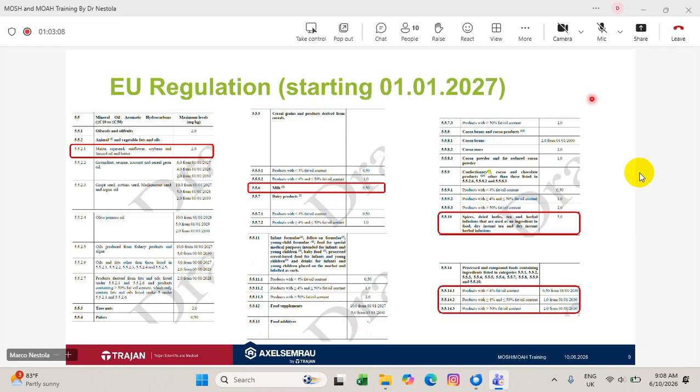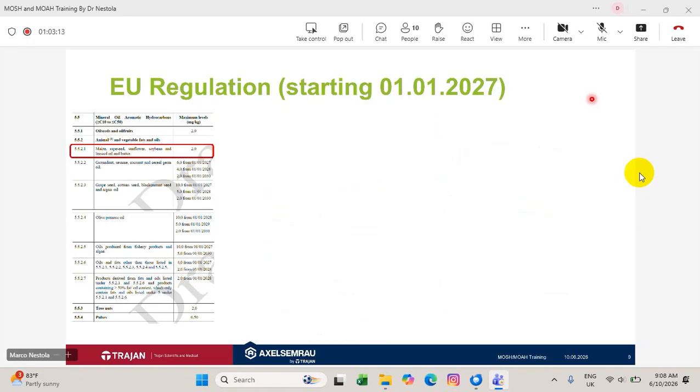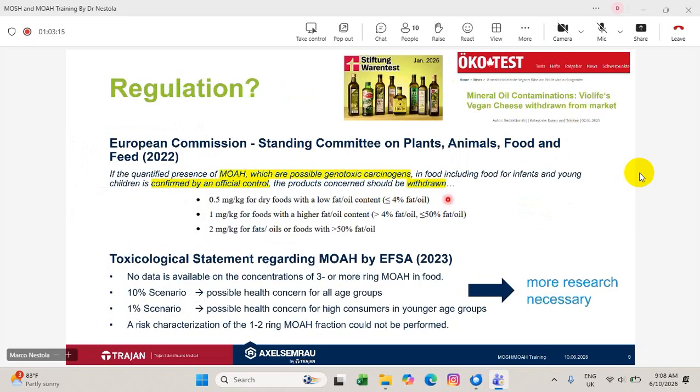Everything which is not stated in there is covered by the last one, which is still using this statement here. So this statement is still used for all matrices that are not specifically in this EU regulation. So in fact, still the limits of quantitation based on the fat content.